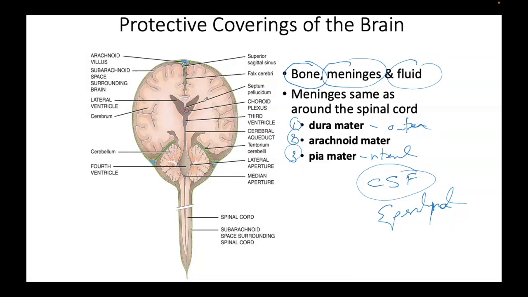So if we look in the center of the brain, let's see if I can outline it. I'll change it to red. So what we have here, those are the ventricles.